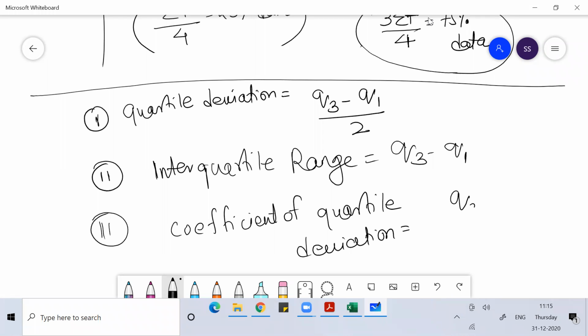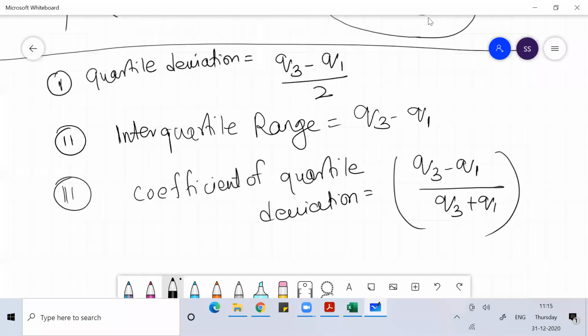Coefficient of quartile deviation means (Q3 minus Q1) divided by (Q3 plus Q1), into 100. Please understand all these formulas are important for you to keep in your mind.